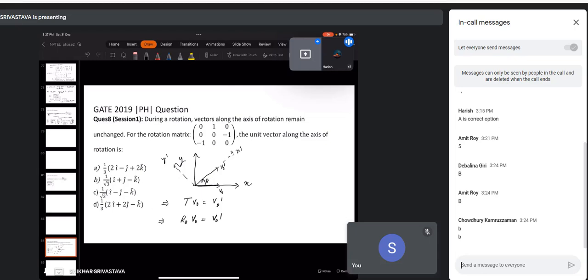These rotation matrices are in 2 dimensions. You can remember that R theta is nothing but cos theta, minus sine theta, sine theta, cos theta, where theta is taken positive in the anti-clockwise direction. This is very important because sometimes in a question they say that the axis rotates in the clockwise direction.